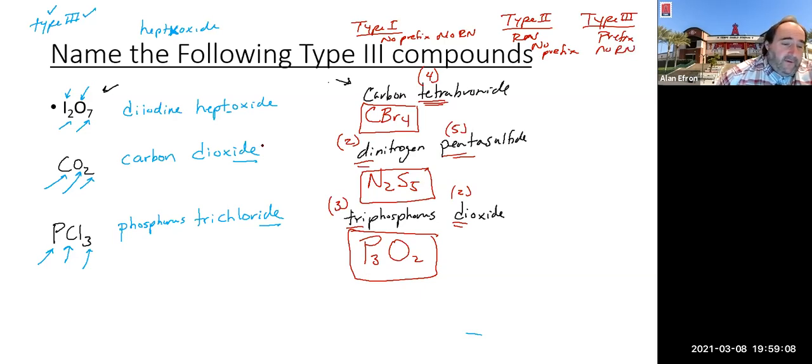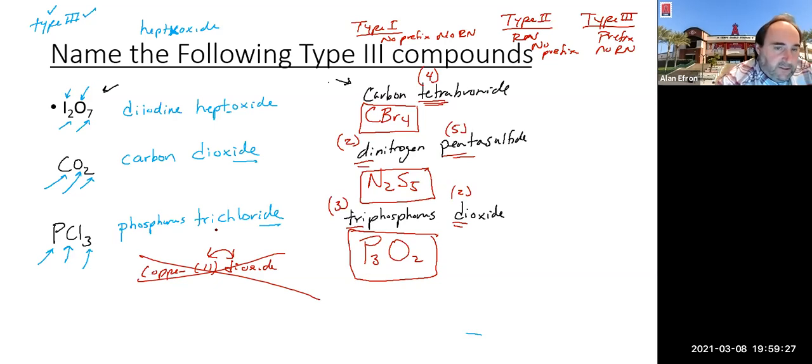So if you find yourself writing something like copper, Roman numeral 2, dioxide, it is definitely going to be wrong. So these 2 things should never really be in the same name. They're each obviously used for specific situations. Any questions on that there?